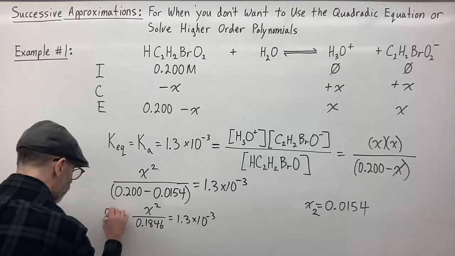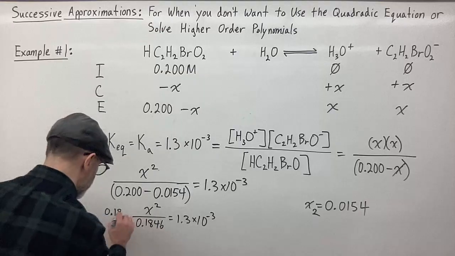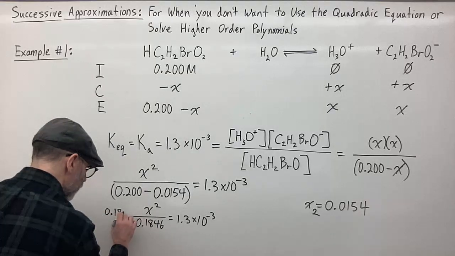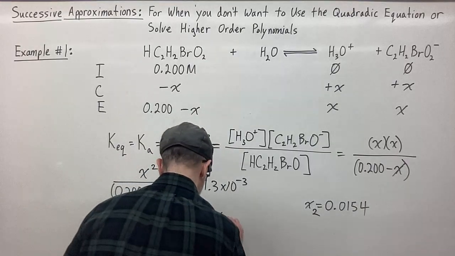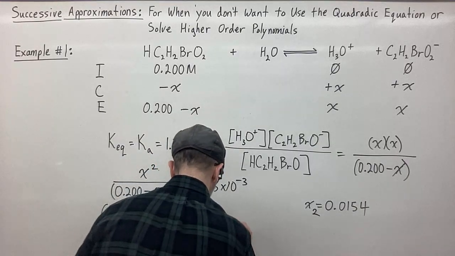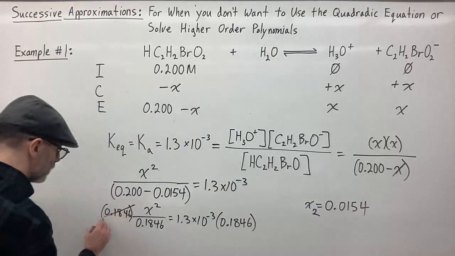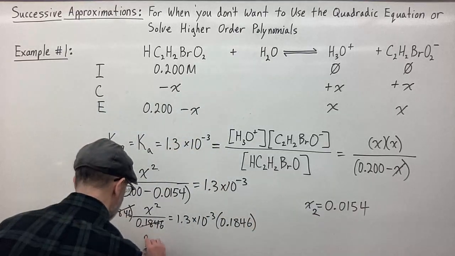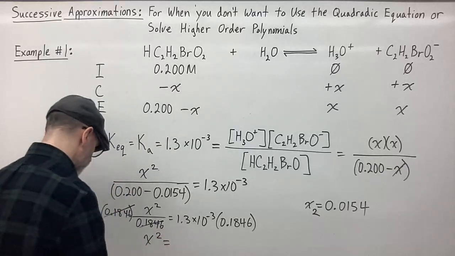Again, multiply both sides by the denominator here, 0.1846. So this cancels out, and I get x squared equal to these two things multiplied together.